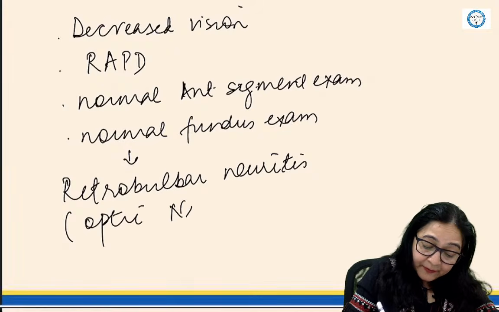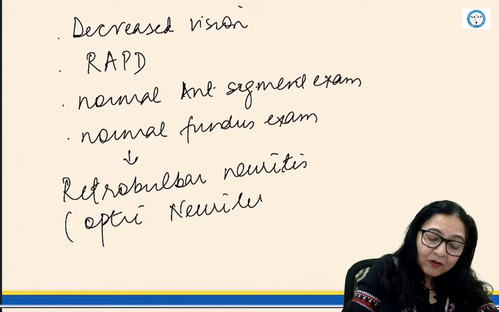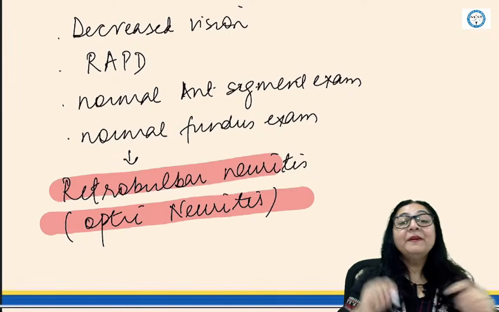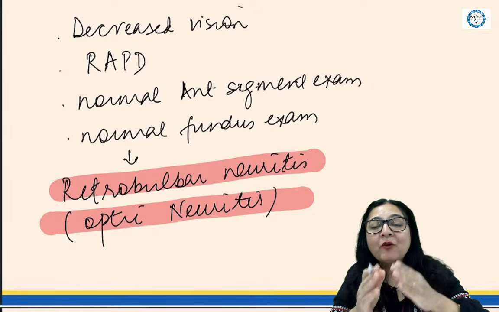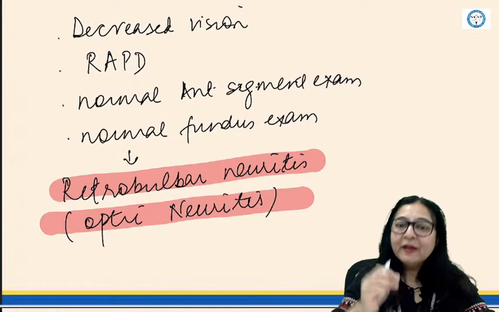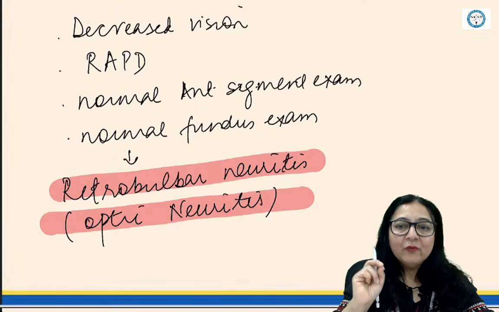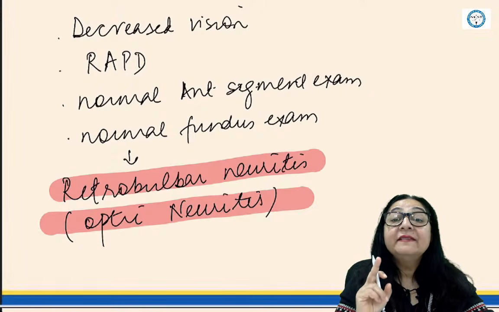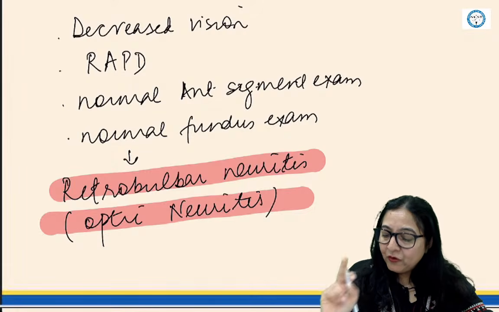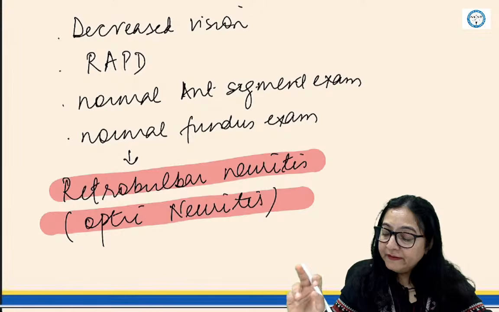So I purposely put the choice as optic neuritis because retrobulbar is a type of optic neuritis in which the part of the optic nerve which is behind the eyeball is inflamed. So on fundus examination you will see that the nerve is appearing normal, the fundus is appearing normal. Okay? So please make a note of this.